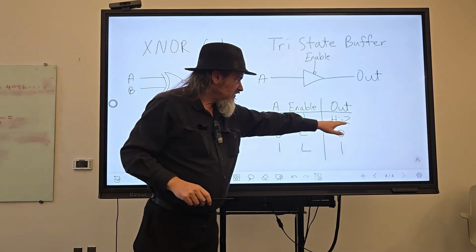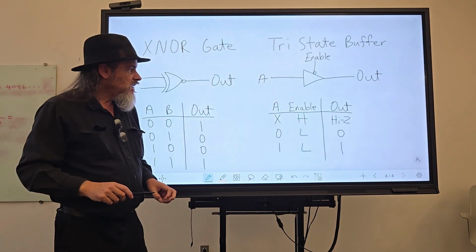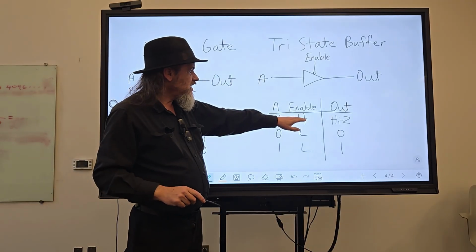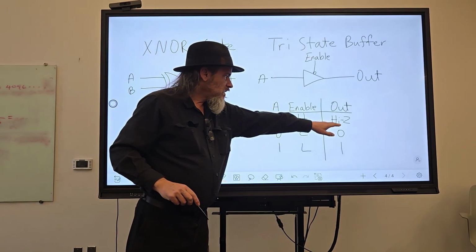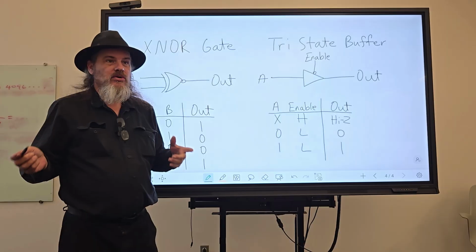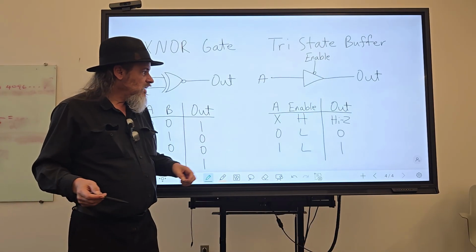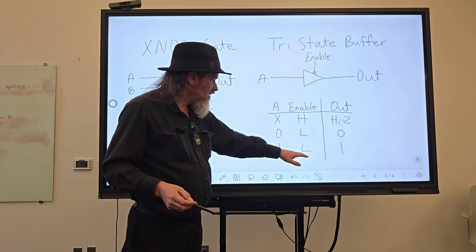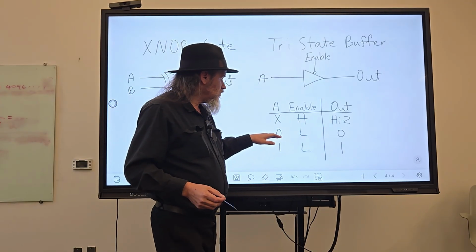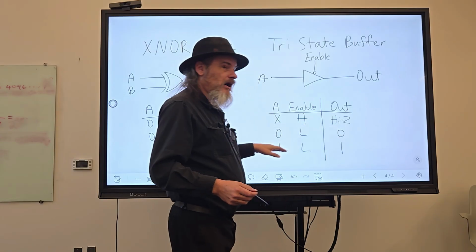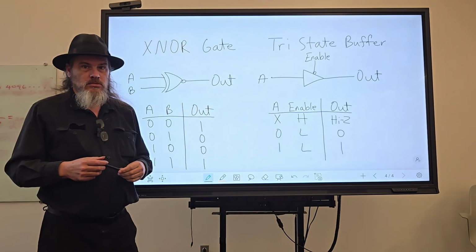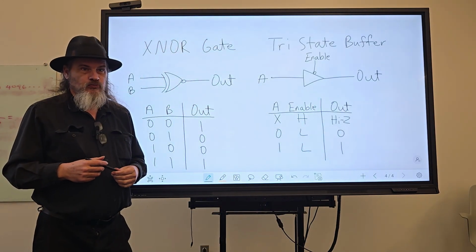That's what high impedance state means. So if the enable is high, it's like there's no connection to either ground or power. If the enable is low, then whatever's on the input goes to the output. Okay?